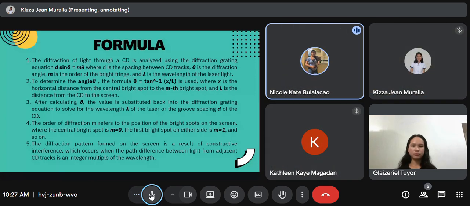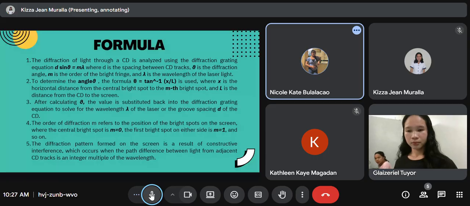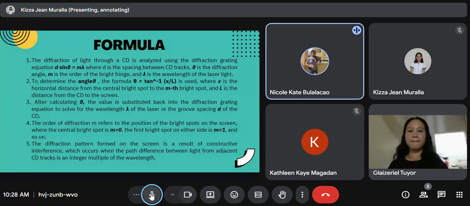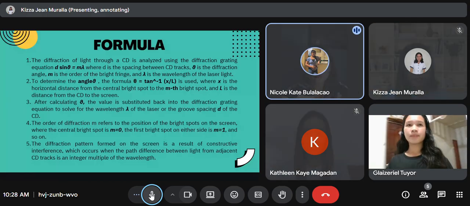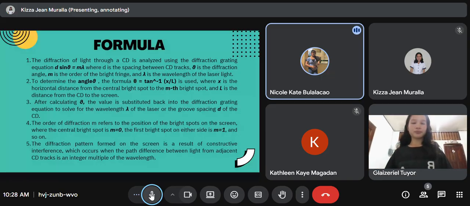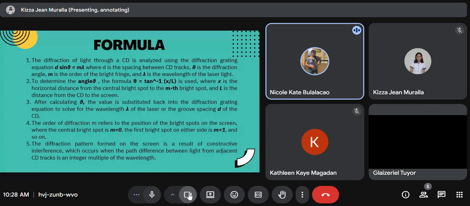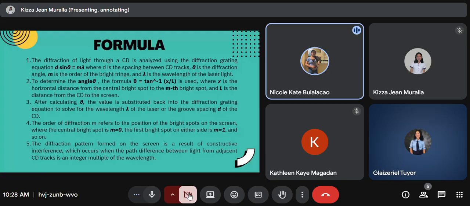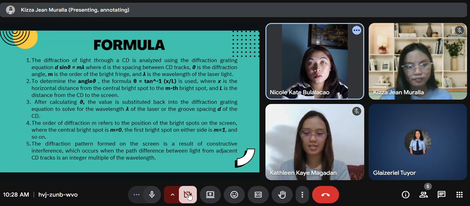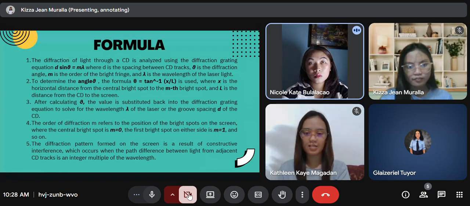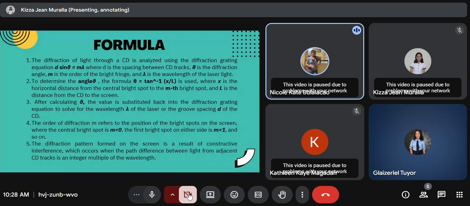To find the angle, we use the equation θ = tan⁻¹(x/L), where x is the distance from the central bright spot to the first bright spot, and L is the distance between the CD and the screen. So, after calculating the angle, we can determine the wavelength of the laser or the CD's groove spacing. This experiment helps visualize the wave properties of light in a simple and measurable way.